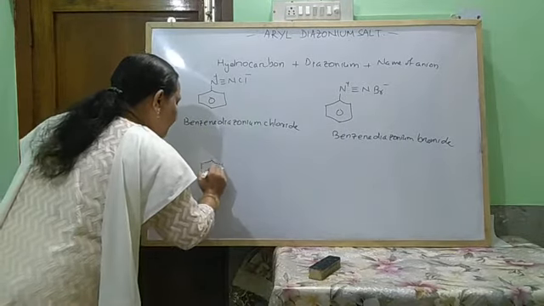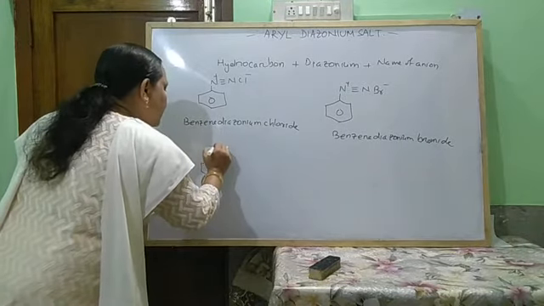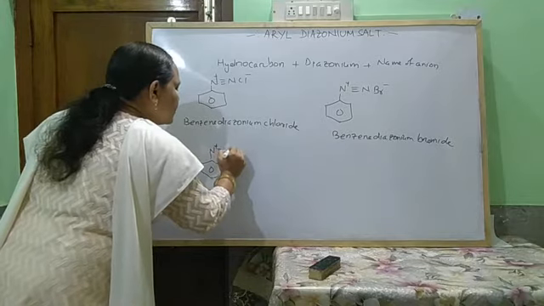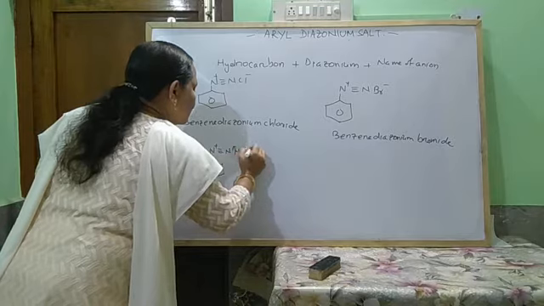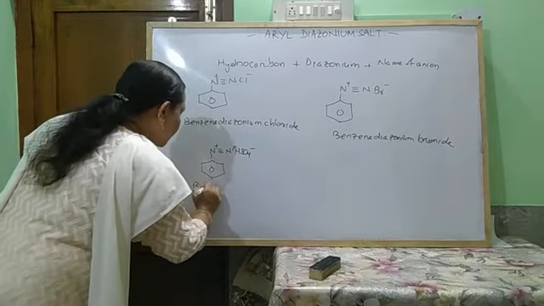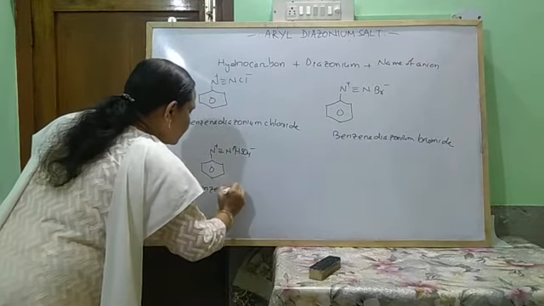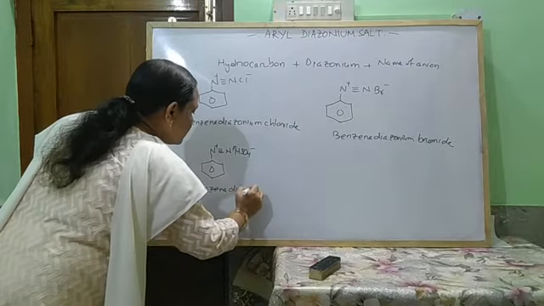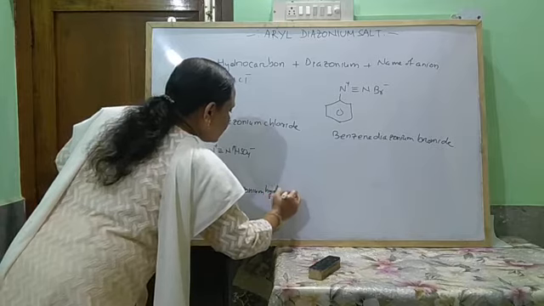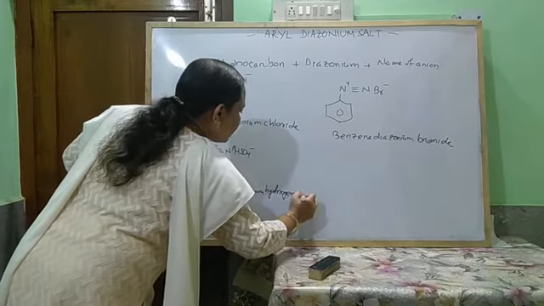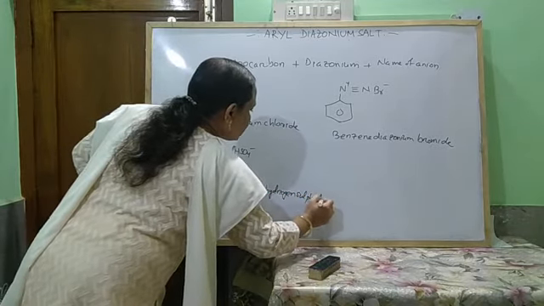Similarly, N2+ HSO4 minus is benzene diazonium hydrogen sulfate.